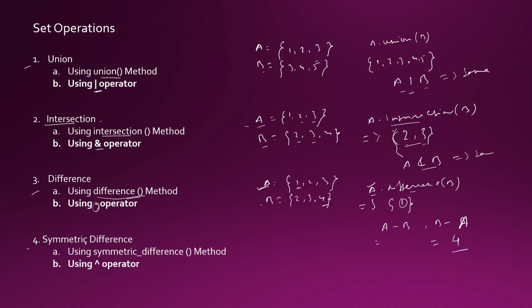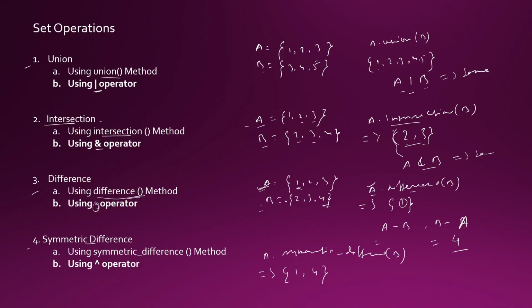Next is symmetric difference. Symmetric difference gives elements that are in either set but not in both. That means if we perform A dot symmetric underscore difference and pass B, it will give me the answer 1 and 4, because 1 and 4 are different.